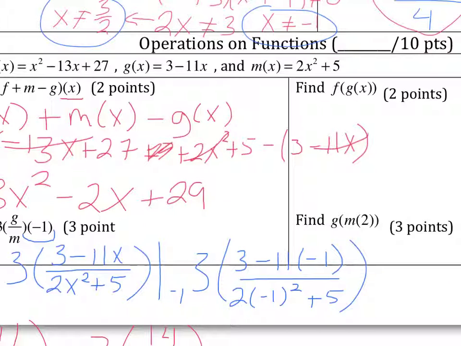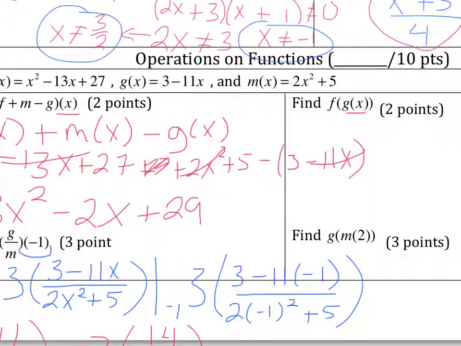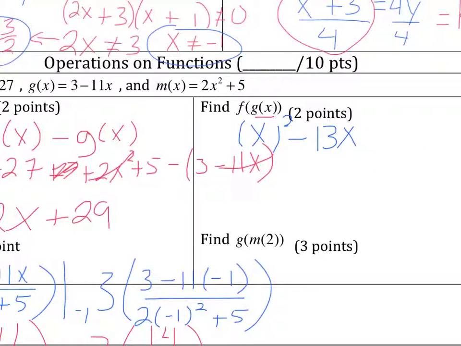Our next one asks us to take a look at f of g of x. That means plug g of x into f of x. I'm going to clear a little bit of room first. So we've got x squared minus 13x plus 27.